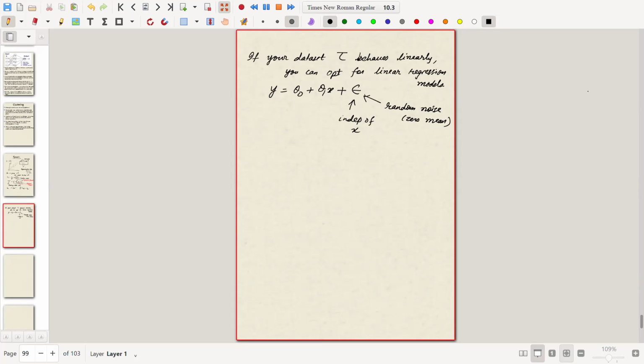Suppose your data is having a long tail. Then what should you use? You should use Levy noise. How many of you have heard of Levy noise? L-E-V-Y, Levy.